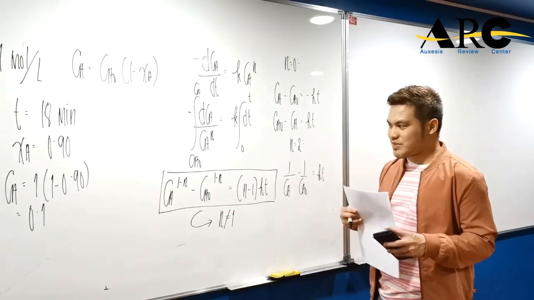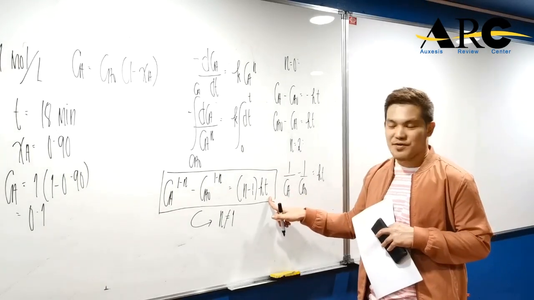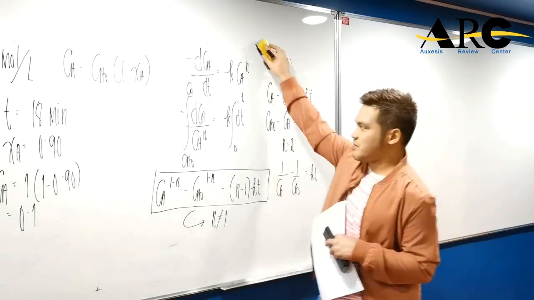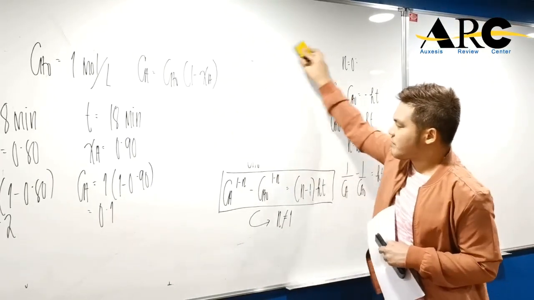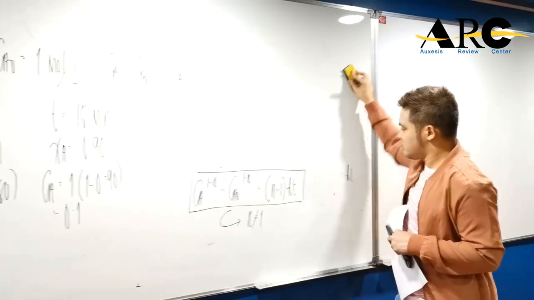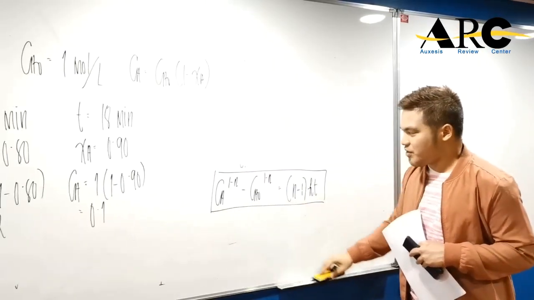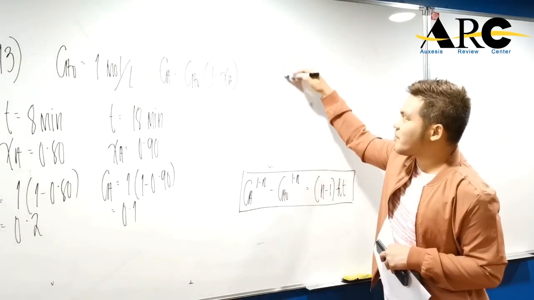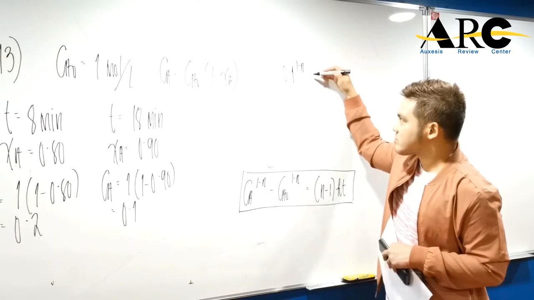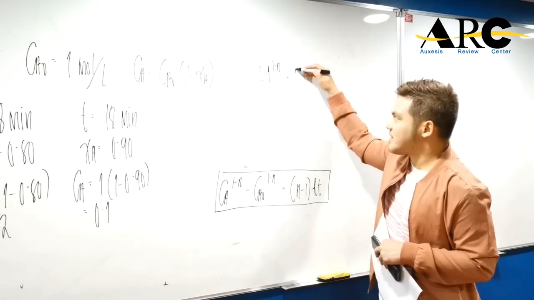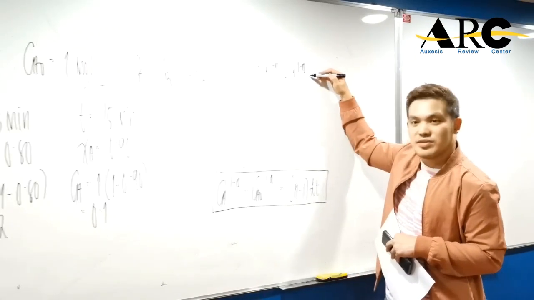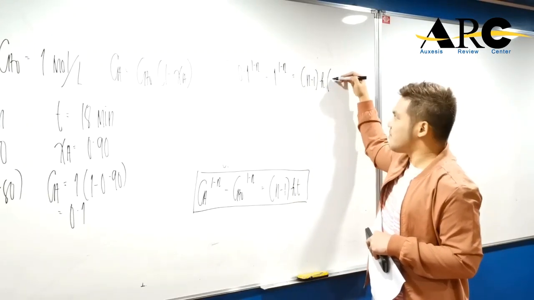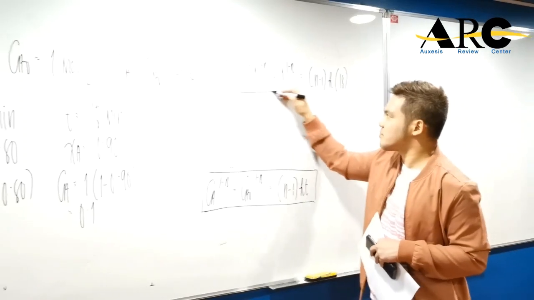Balik tayo dito sa problem. Gamit yung formula na na-derive natin, kukunin natin yung order ng reaction. Using this equation, once na ang Ca natin is 0.1, ang CaO natin is 1, equal yan sa n minus 1 times K times 18 minutes.